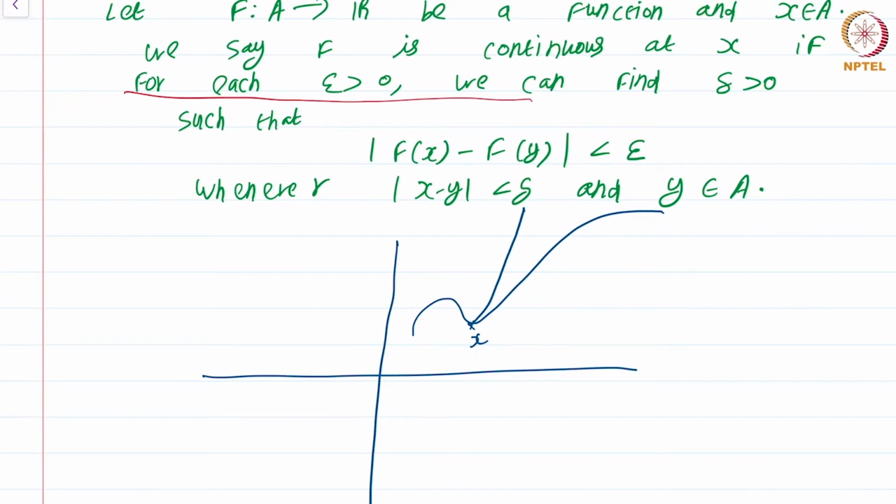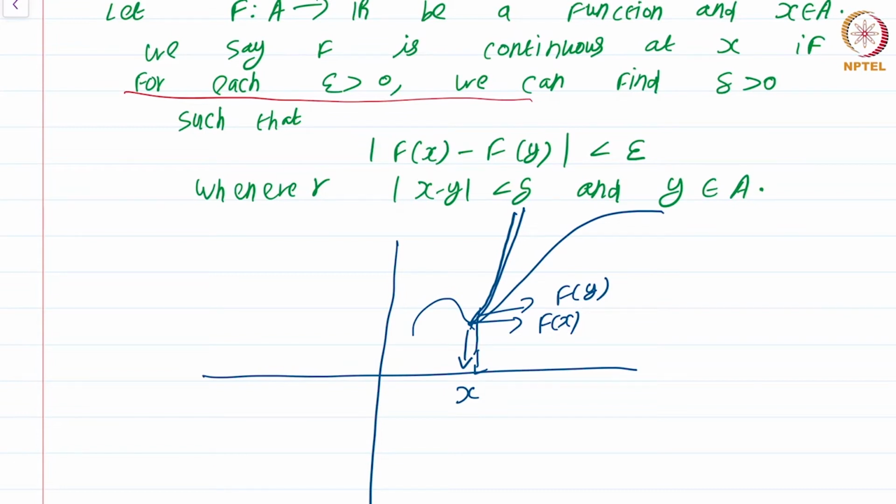Again, I have drawn x dangling in the air, so let me just fix that. X is here. This is f of x. But a point very near, if you take y, which is very near, it can still happen that f of y is somewhat further away, and the more highly inflected the graph is, the more you will see that when you're close to x, it could still be that the point f of that is somewhat far away.